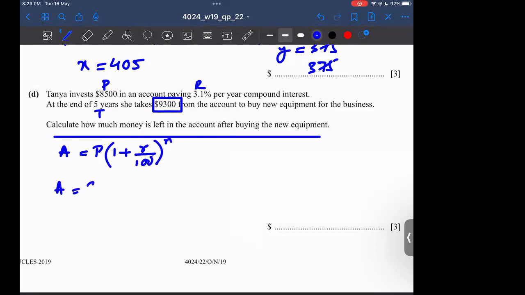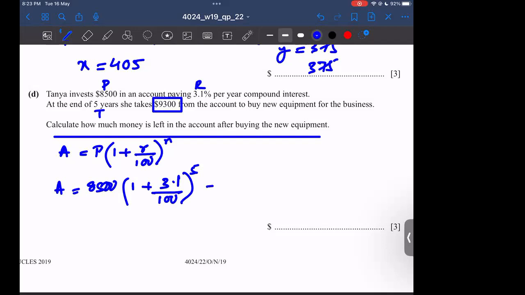So we have the principal amount that is 8500. We have the rate that is 3.1 divided by 100, and we have the number of years that is 5. So I'm going to calculate the final amount: 8500 multiplied by (1 plus 3.1 divided by 100) whole bracket power 5.